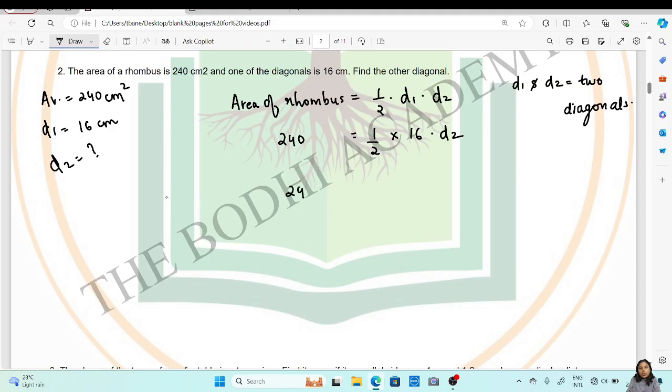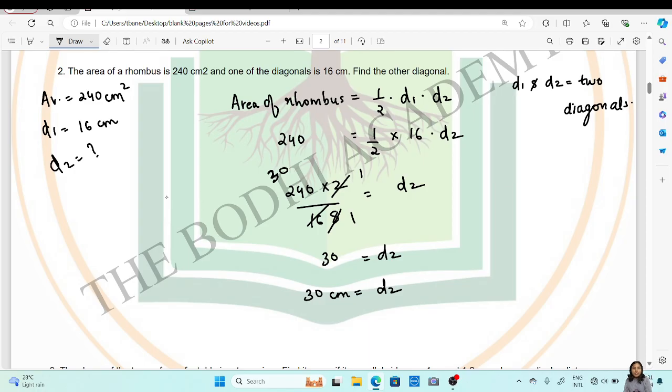So 240 into 2 upon 16. So this will be D2. So here this becomes 8, this will get 30. So 30 equals D2. So 30 centimeter equals D2. So the other diagonal of the rhombus is 30 centimeter.